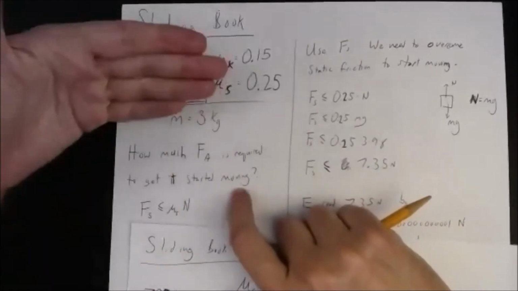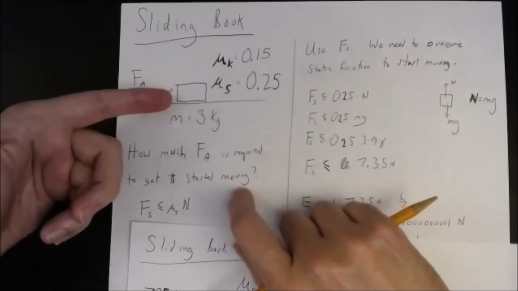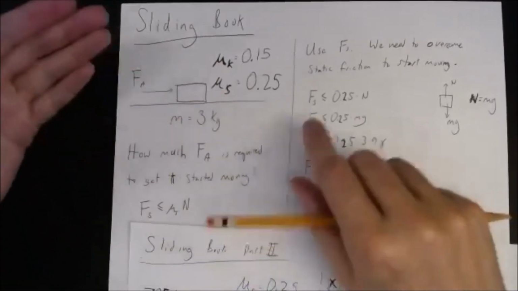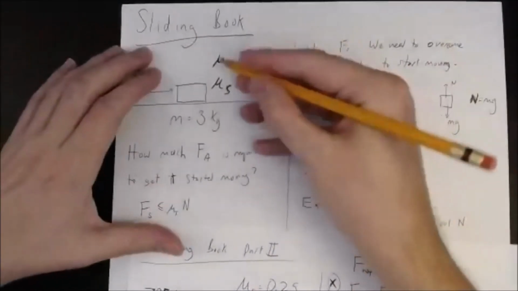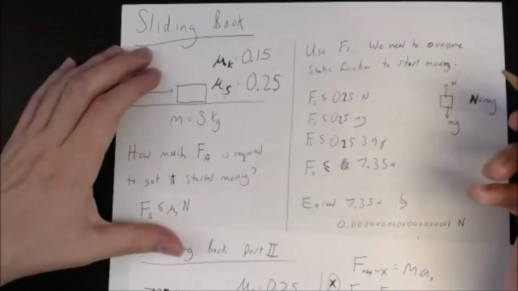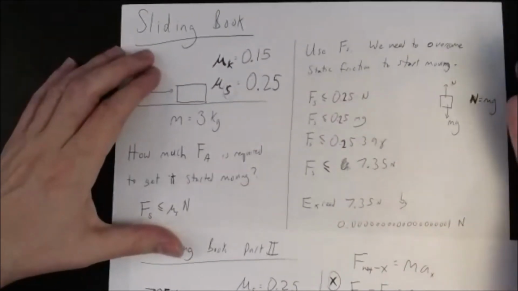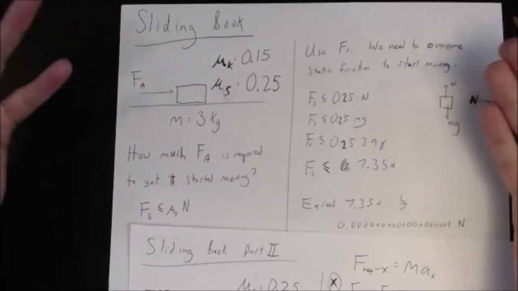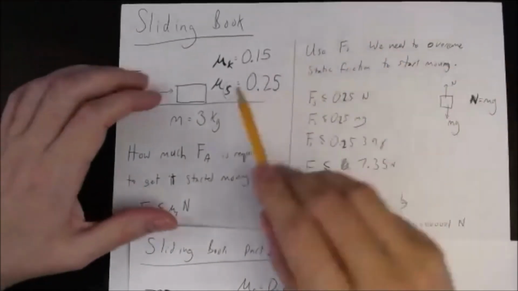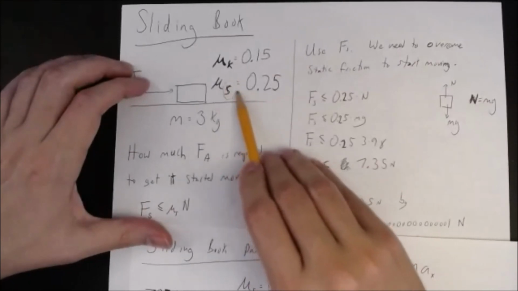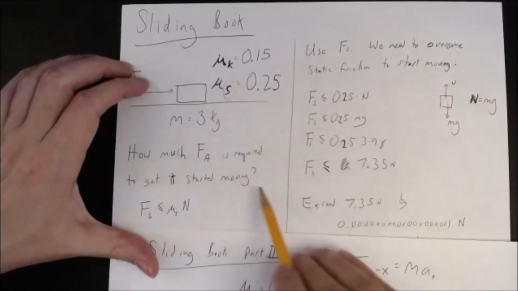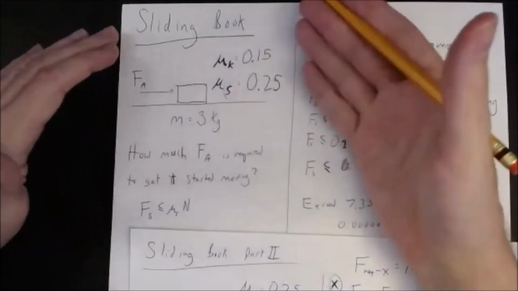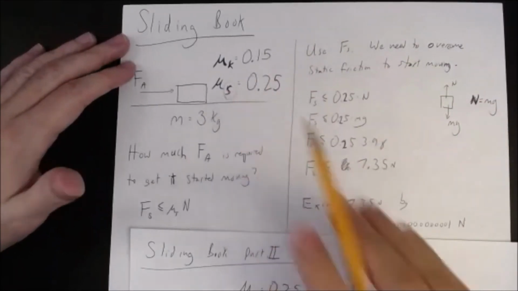If we're having to get it started moving, then that implies that it's not already moving. If it's not already moving, then we have to use the static friction. Static means unmoving, just like static electricity being electricity that's just sitting there in your doorknob waiting to attack you. If we're trying to get it started moving, we have to overcome that static friction.